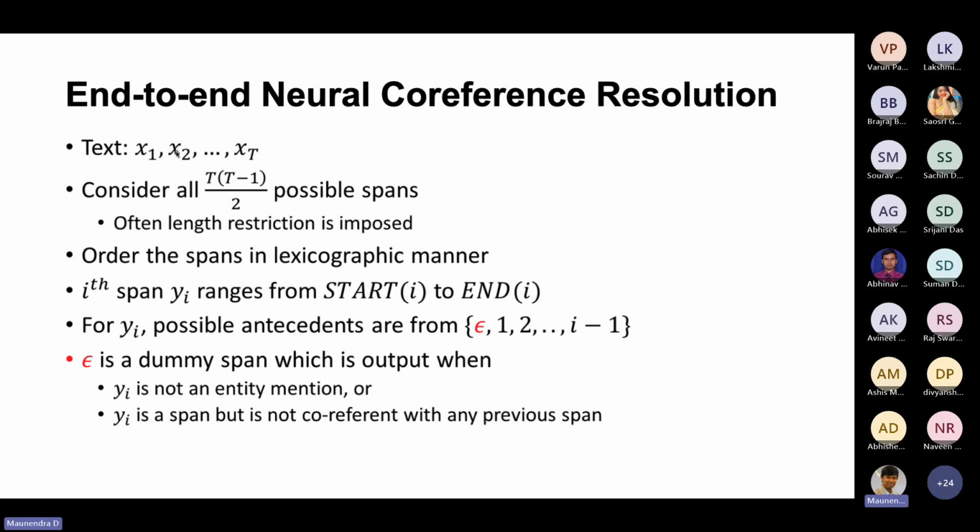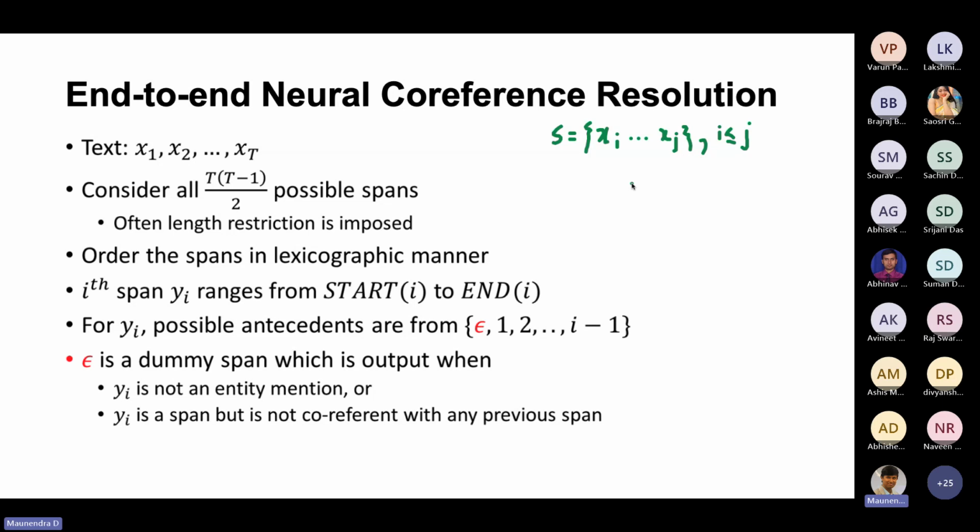Each span S comprises some consecutive tokens from the input, x_i, x_i+1, x_i+2, and so on until x_j, where of course i is less than or equal to j.